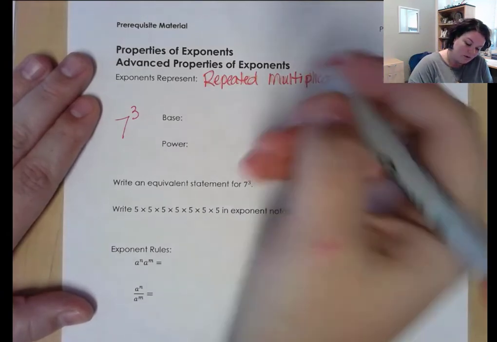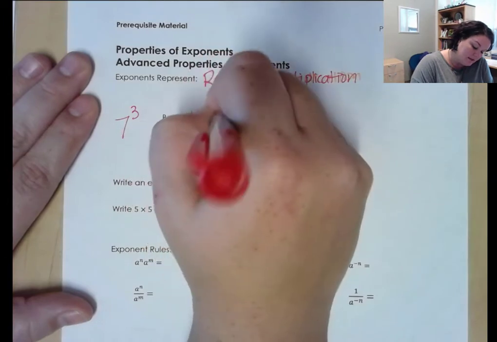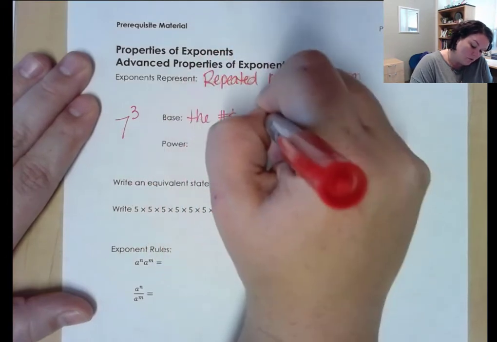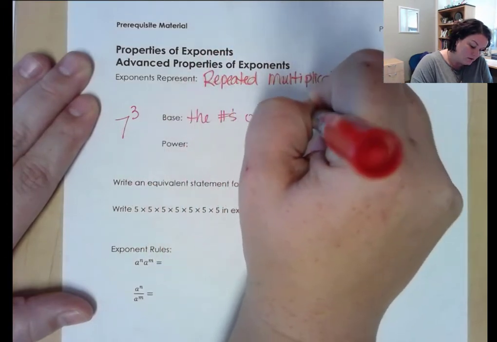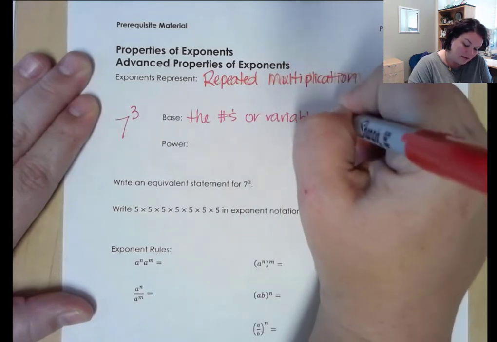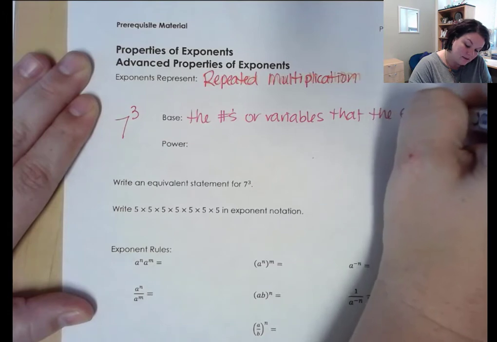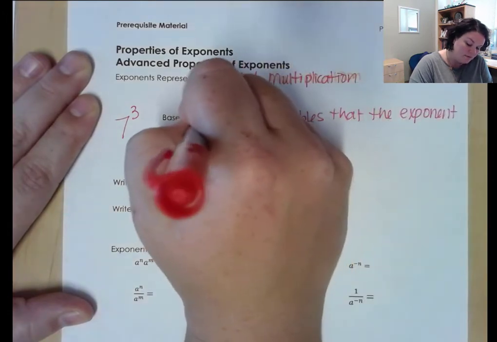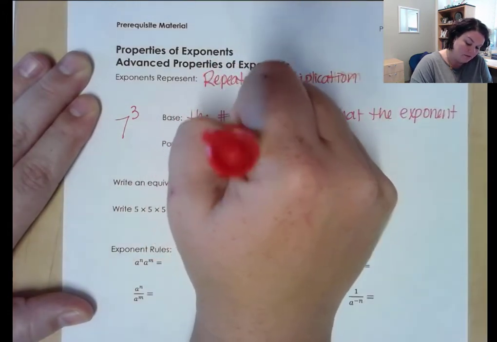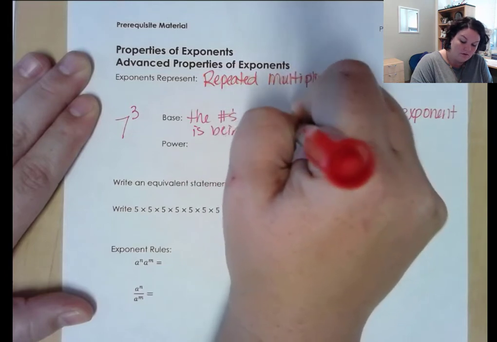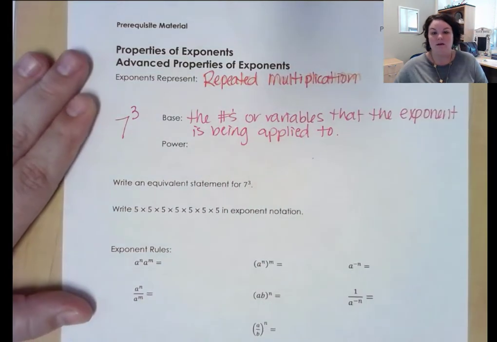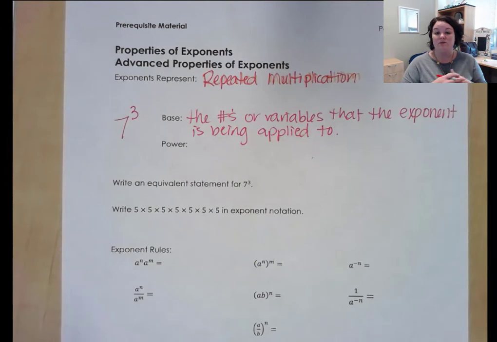So we're going to say this is the numbers or variables that the exponent is being applied to.